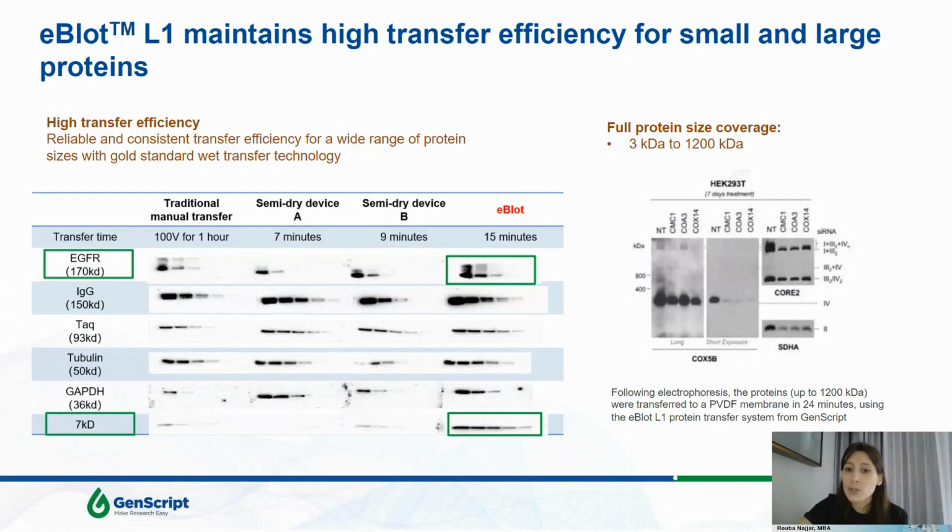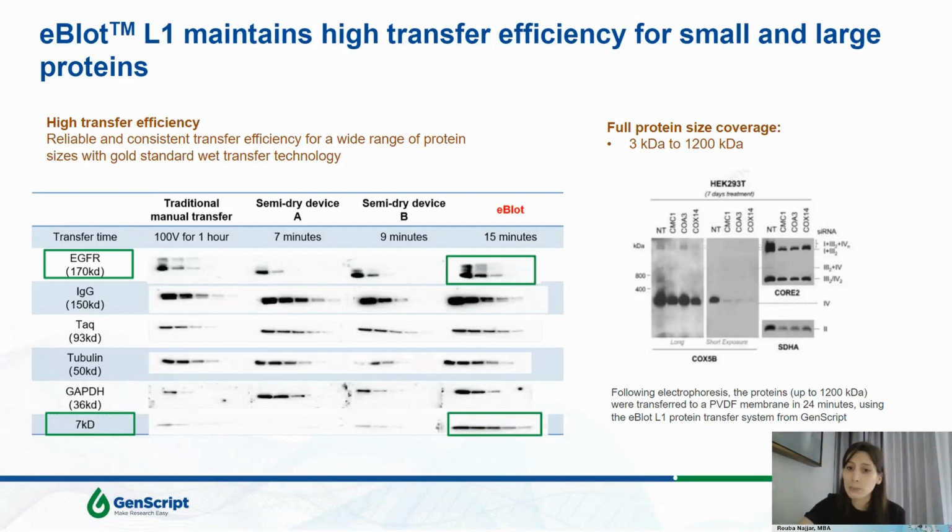I want to mention one additional thing: the protein size range the eBlot can run is between 3 kilodaltons and 1,200 kilodaltons, which is very good. On the left-hand side, we compared it side by side with the traditional manual wet transfer and the semi-dry systems available in the market from competitors, two of them.